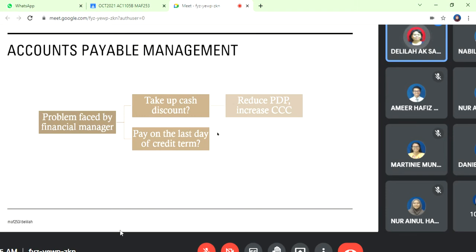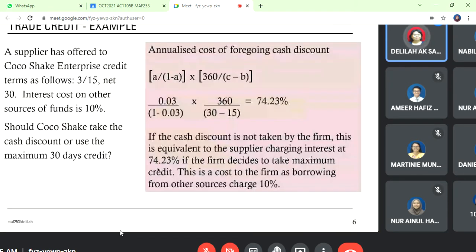If you pay on the last day, that means you don't take the cash discount. You wait until 30 days, and only on the 30th day do you pay. When you forgo the cash discount, there is a cost, which is similar to what you did before when you looked at the current assets topic last week.